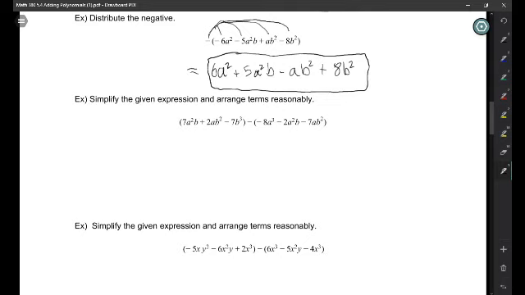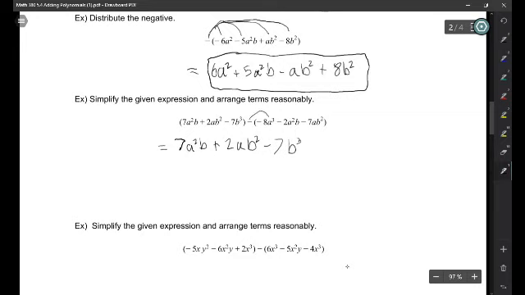Simplify the given expression, arrange terms reasonably. So in this case, we can drop the parentheses right off the bat on the first expression. 7a squared b plus 2ab squared minus 7b cubed. Then notice we have a negative outside of this parenthetical term.